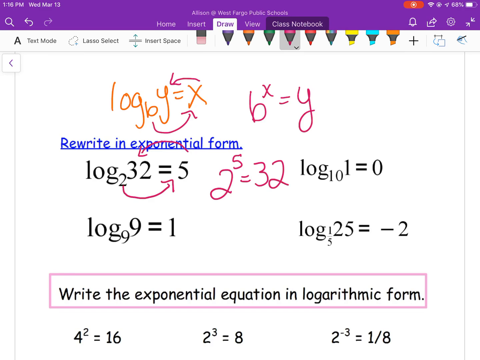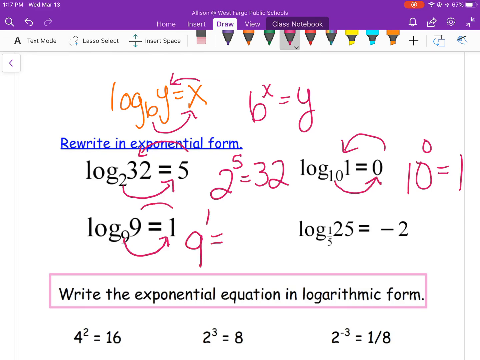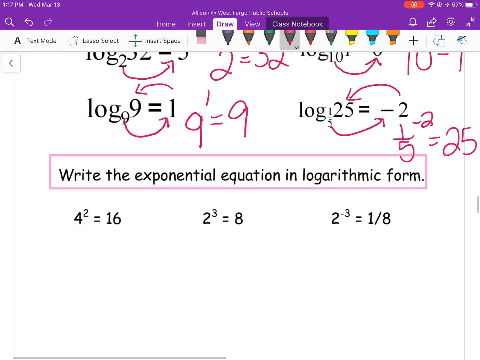Log base 10 of 1 is 10 to the 0 power equals 1, rewriting it in exponential form. 9 to the 1st power equals 9. 1/5 to the negative 2 equals 25. That's a negative exponent rule.